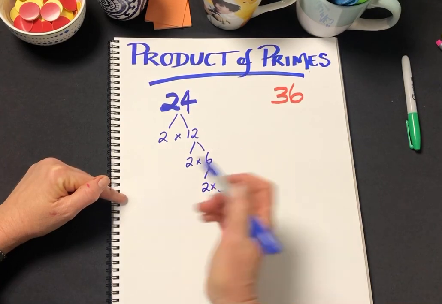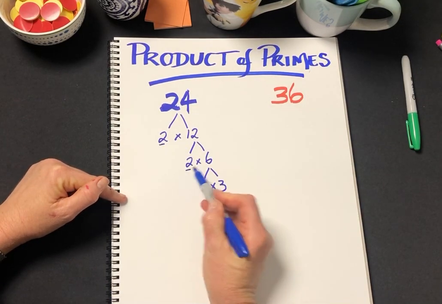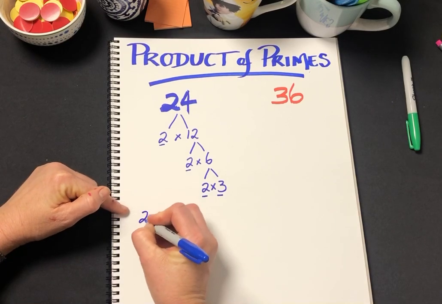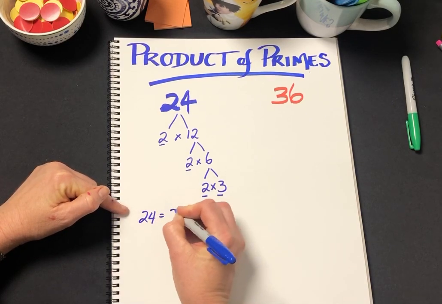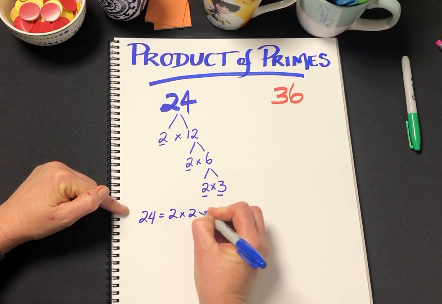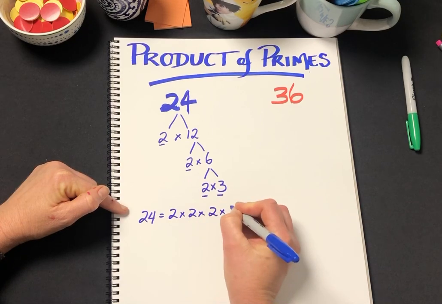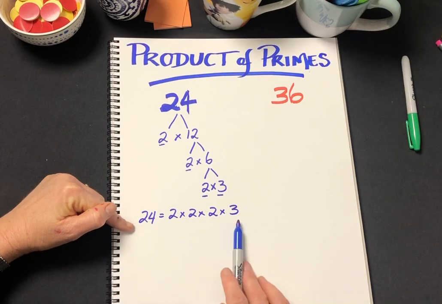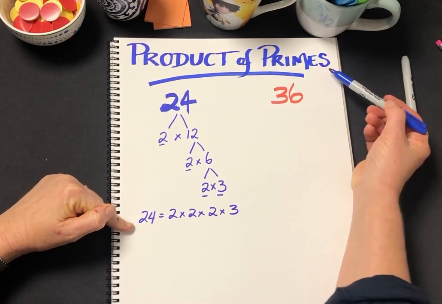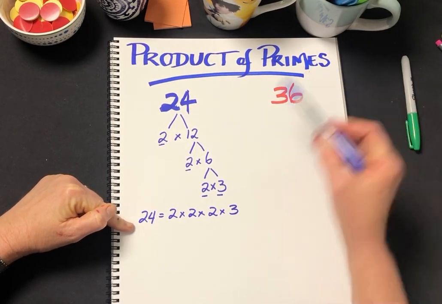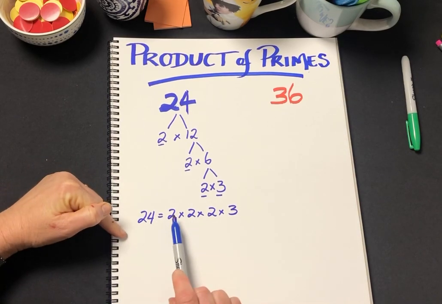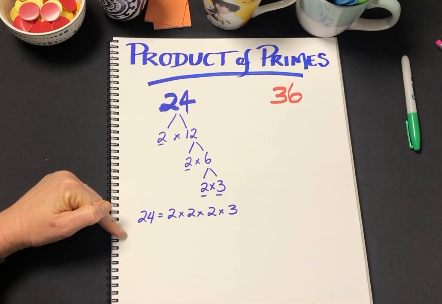They've broken 24 down into prime numbers multiplicatively. So 24 is equal to 2 times 2 times 2 times 3. This is 24 represented as a product of prime numbers. It's 24 being shown as primes being multiplied together.